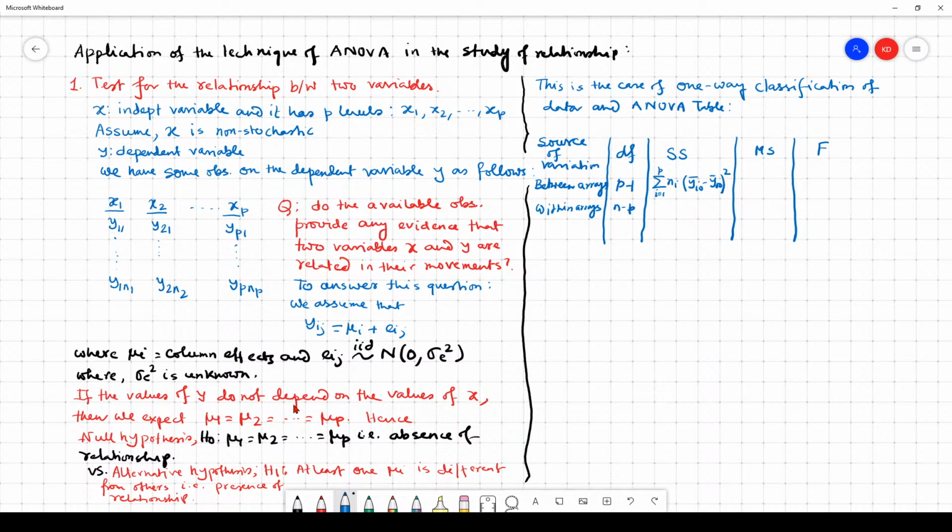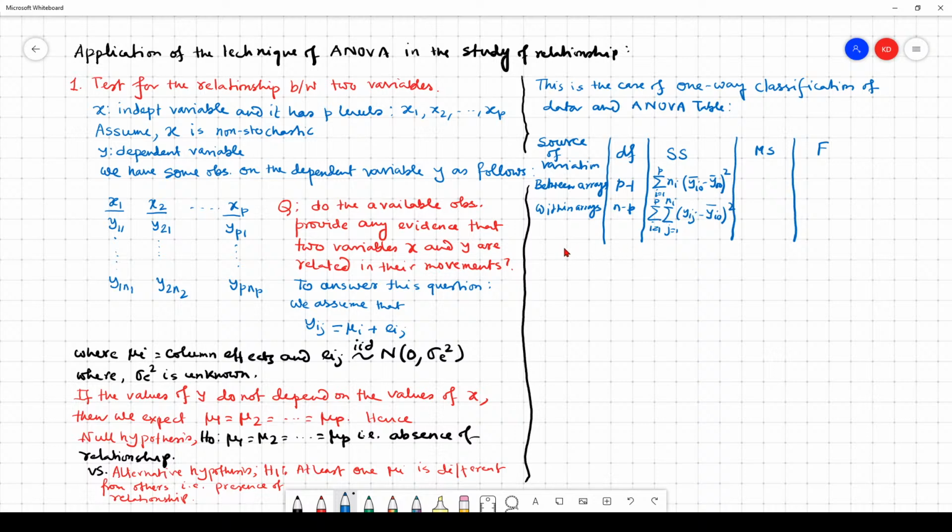So please check. Sum over i from 1 to p, j from 1 to ni, of (yij minus yi-bar) whole square.